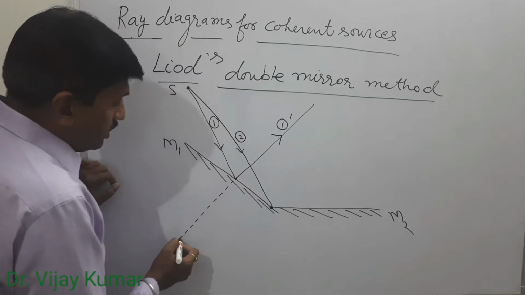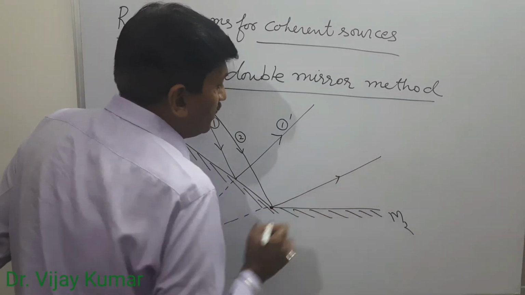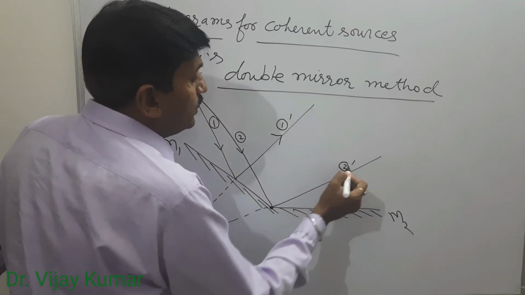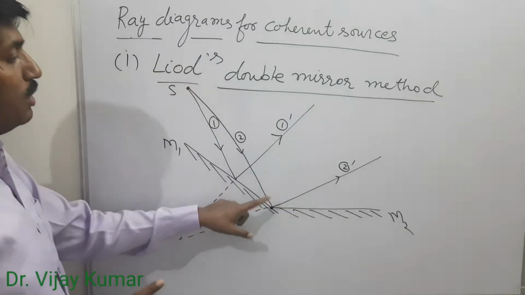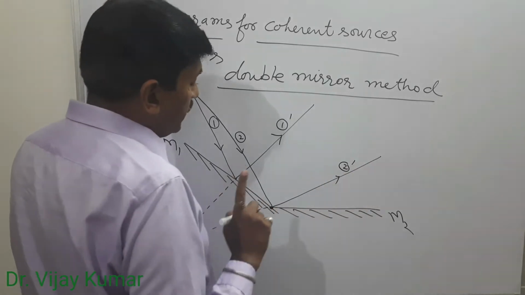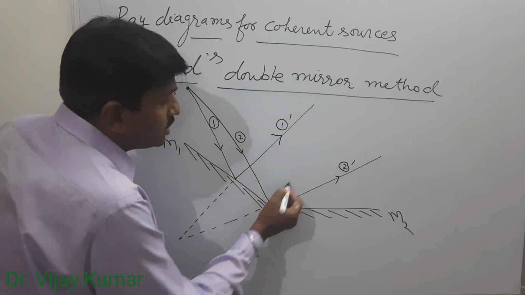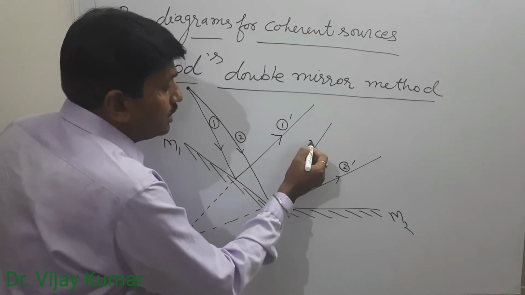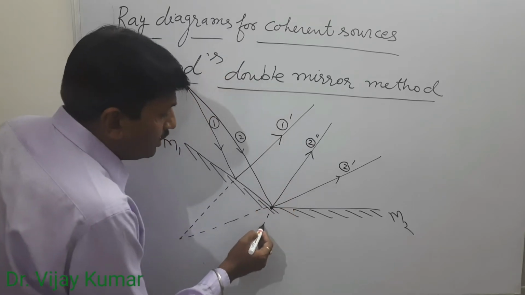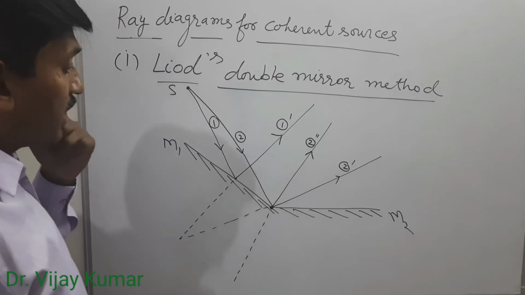So reflection by one mirror: this is one reflected ray, this is the second ray, and this is 2 dash, meaning the reflected ray of this incident ray, reflected by one mirror. And due to the reflection by the second mirror at this point, suppose this is the ray reflected by the second mirror, and again we can extend it in the reverse direction.